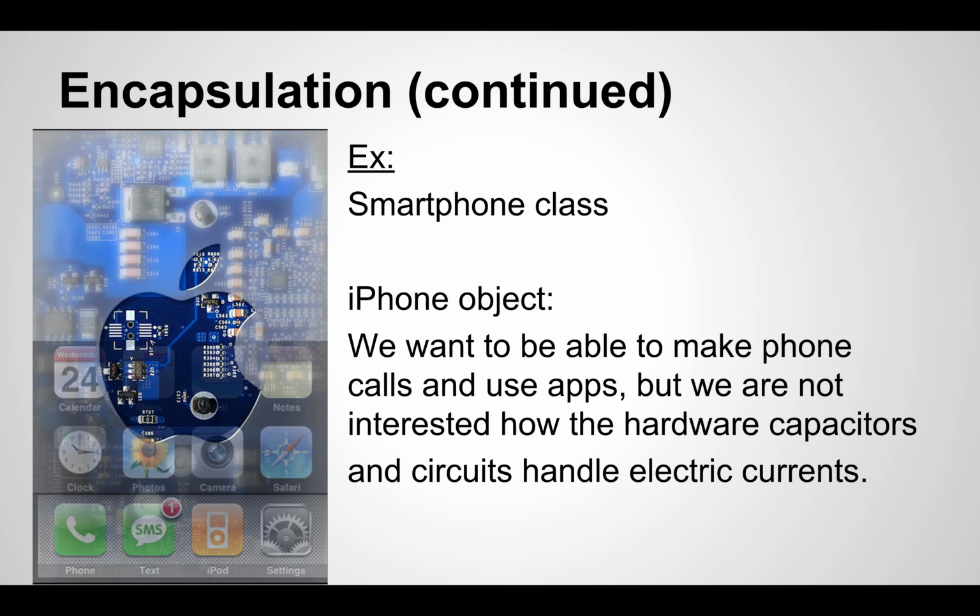But we are really not interested in how the hardware, capacitors, and circuit boards handle electric currents. Behind the scenes, there's plenty of things happening. The CPU has a clock, reading millions of instructions per second, but we don't really care. What matters is that we can interact with the phone, make phone calls, and use different apps.